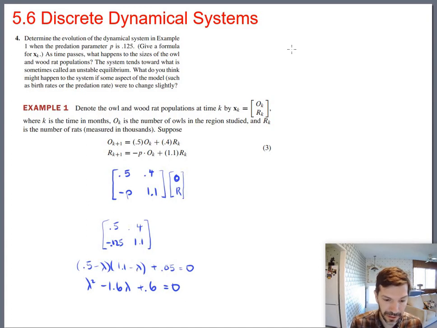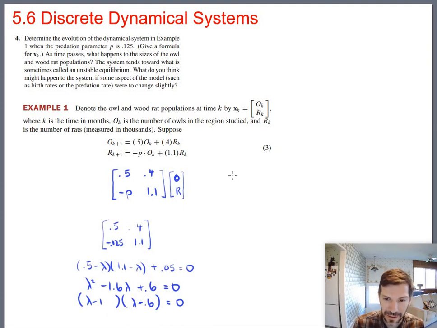All right, now we need to either factor this quadratic or plug it into the quadratic formula. In this case, it's not too hard to actually factor. Because we're looking for things that multiply to 0.6 and add to negative 1.6. So lambda minus 1 and lambda minus 0.6 multiply to 0.6, add to negative 1.6.